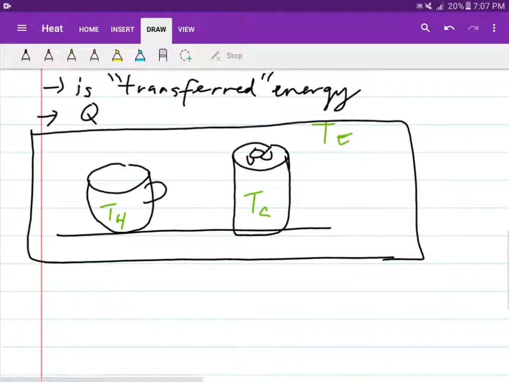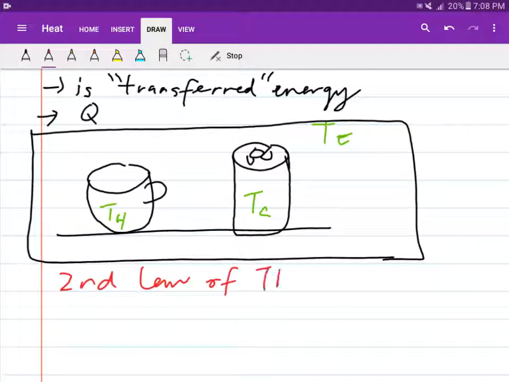So what we mean by transferred energy is that by the second law of thermodynamics, energy will flow from this hot object to the cold one.